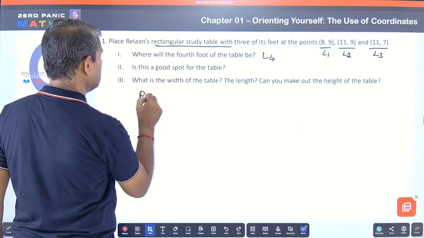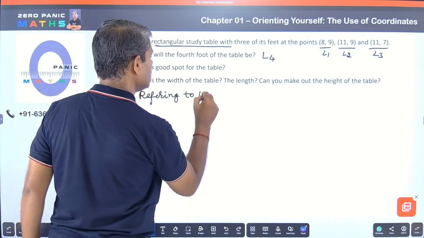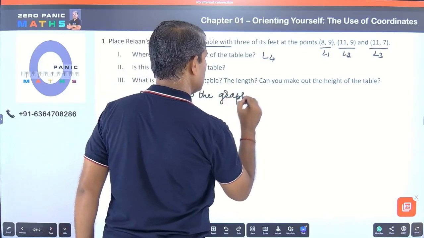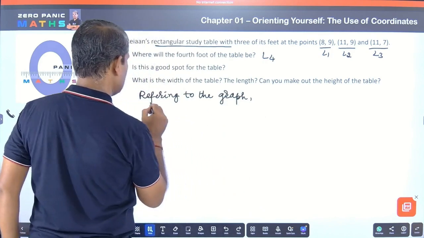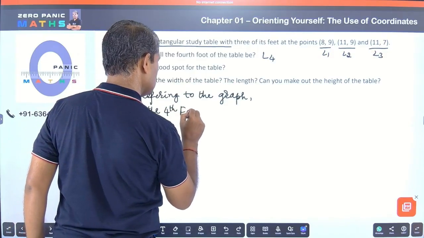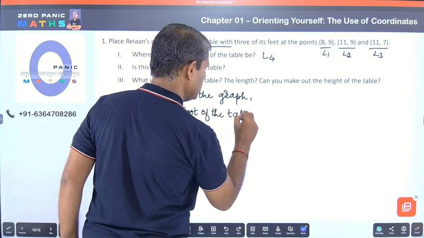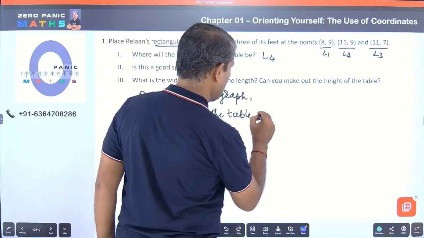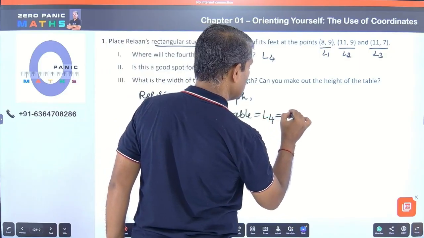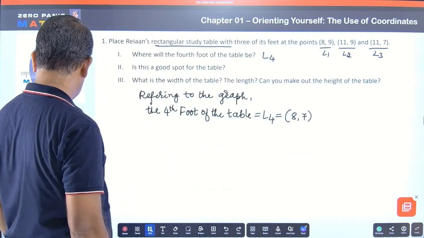Now the answer to the first question. Referring to the graph, the fourth foot of the table, L4, is equal to (8, 7). Is that correct?